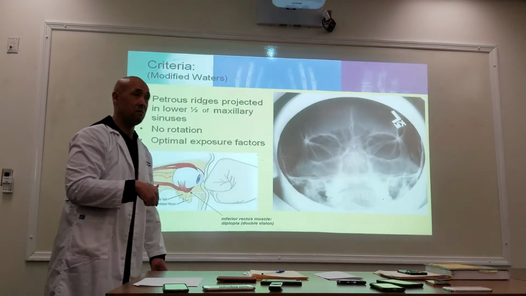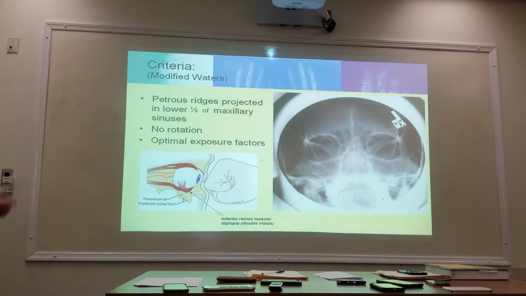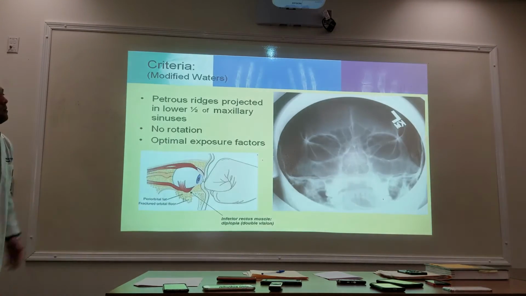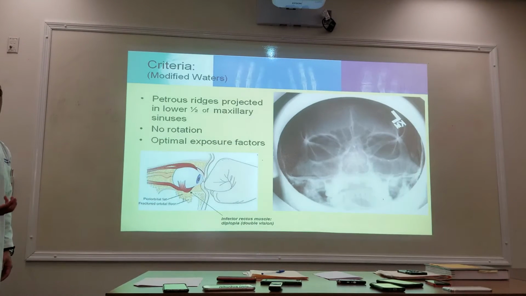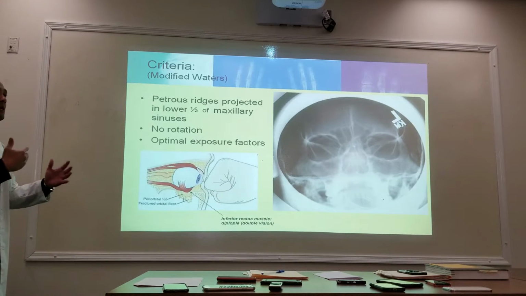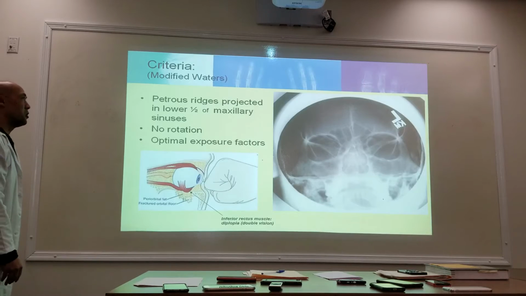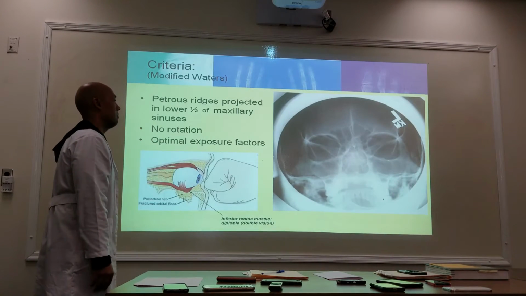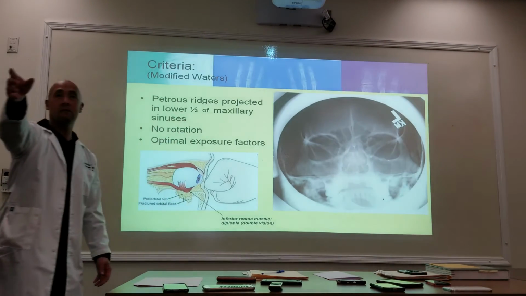Like a rebound? Like a rebound, if you will. The other thing too is the floor of the orbit is a lot thinner than the rest of the eye. So when you're looking at the orbit itself, the thinnest part is at the floor, which again goes to the... I can't think about it. I'll get back to you later.